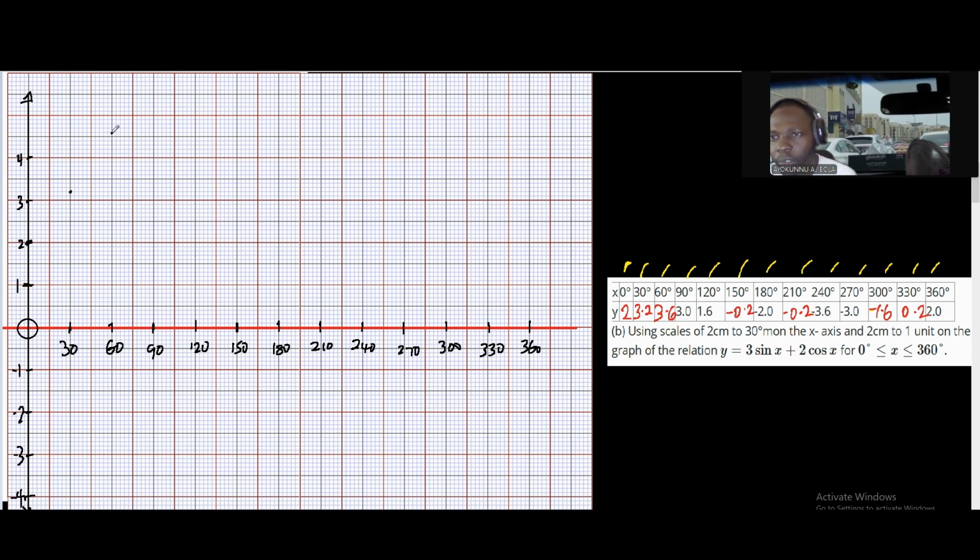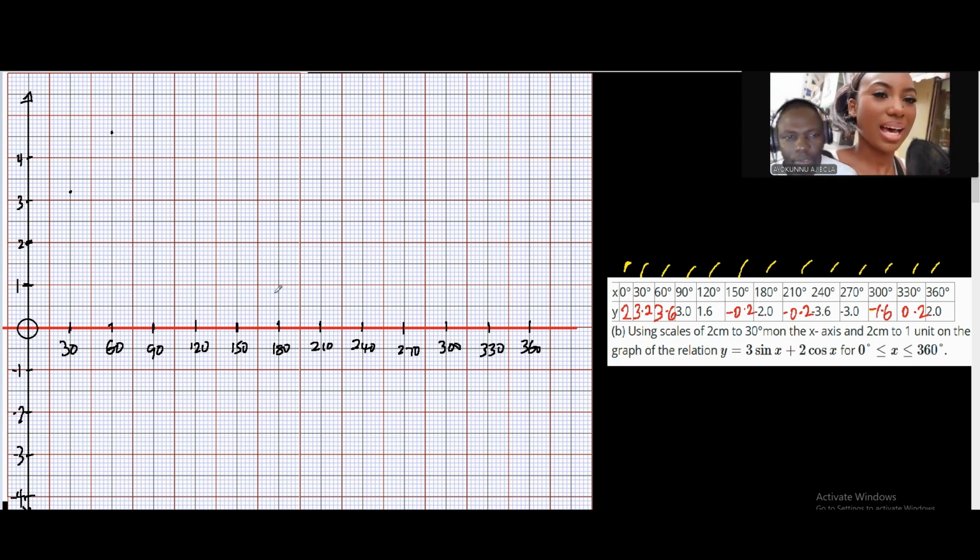Then when x is 90, we have exactly 3. So that stops on 3 here. Then when x is 120, y is 1.6. This is 1.5, so 1.6 is directly here. Then when x is 150, y is minus 0.2.